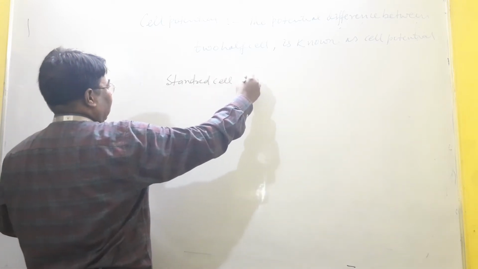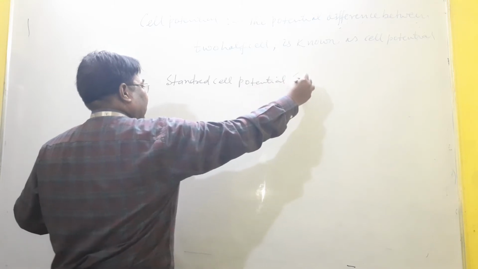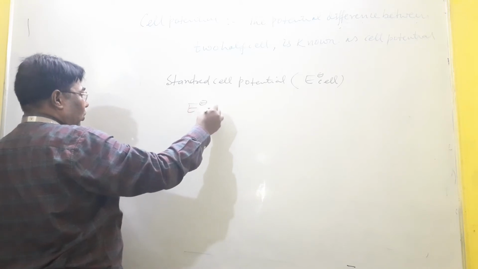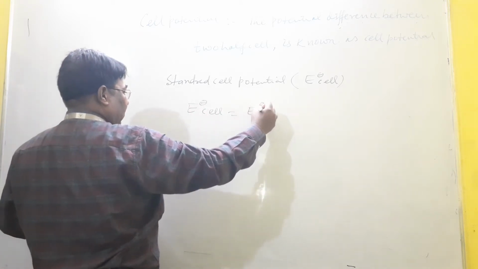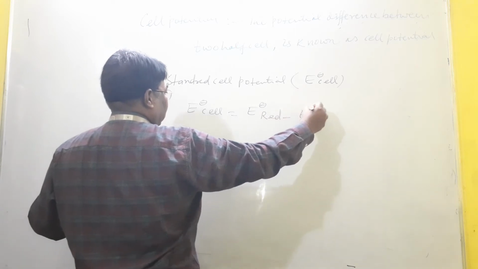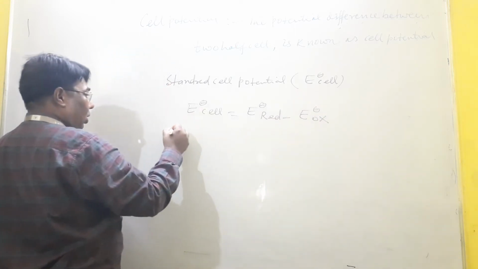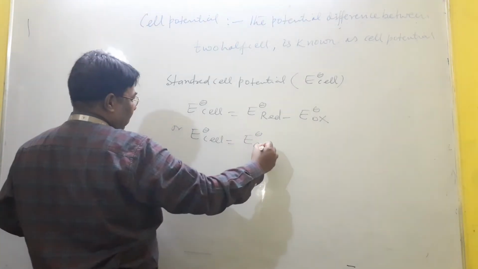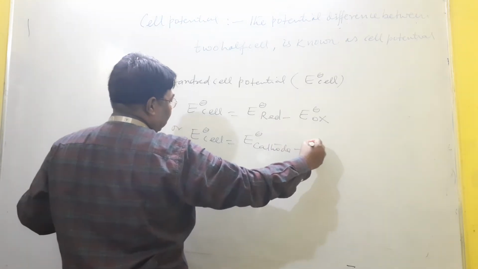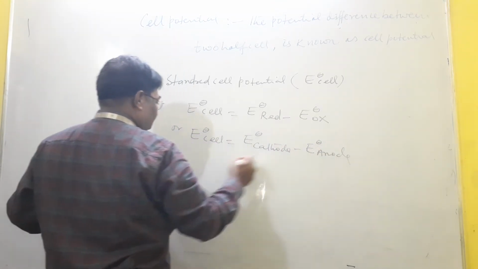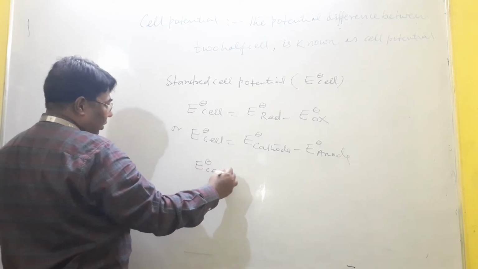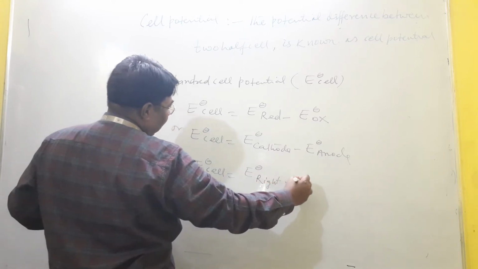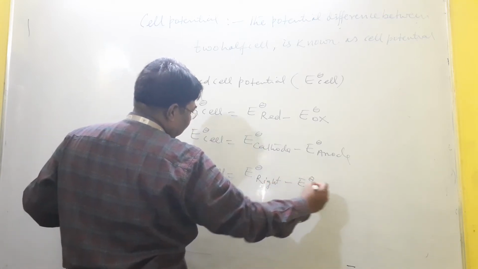It is represented by E naught cell, and E naught cell is equal to E naught red minus E naught ox, or E naught cell is equal to E naught cathode minus E naught anode, or E naught cell is equal to E naught right minus E naught left.